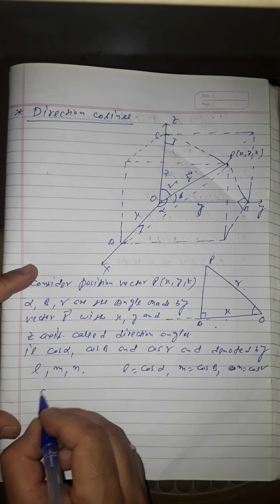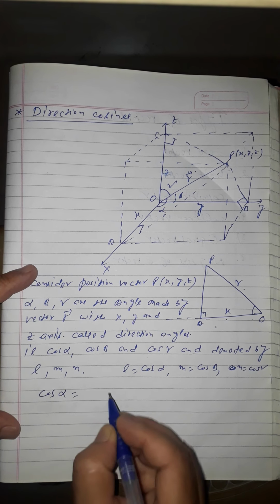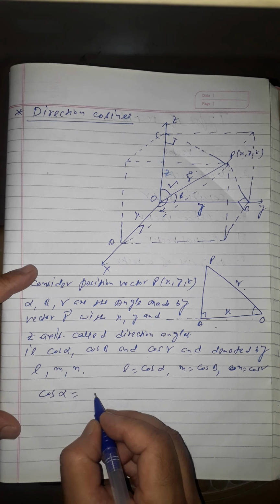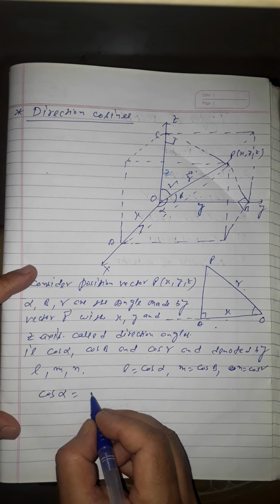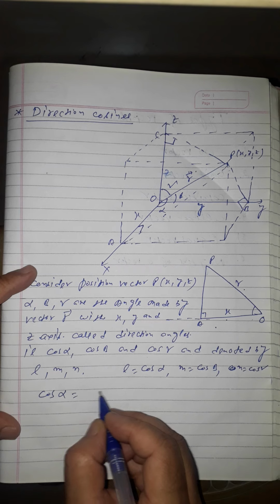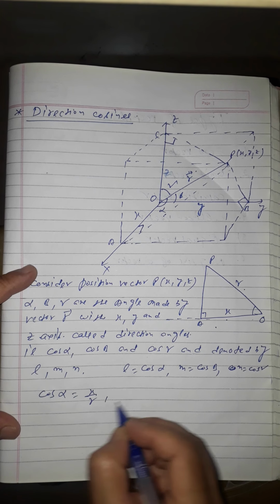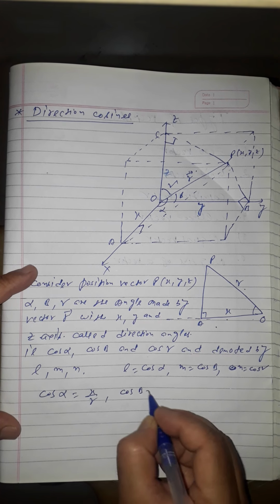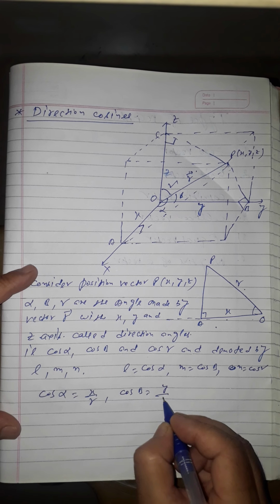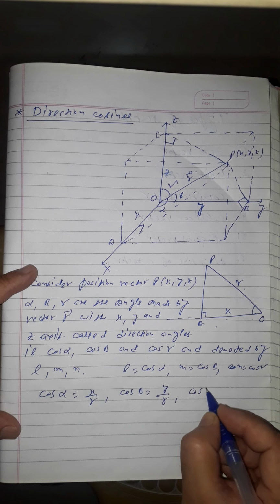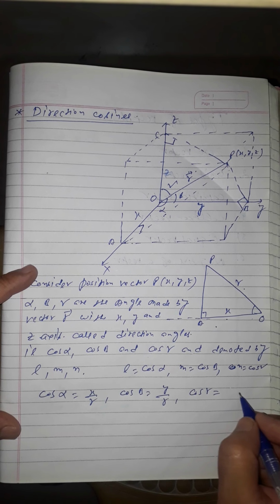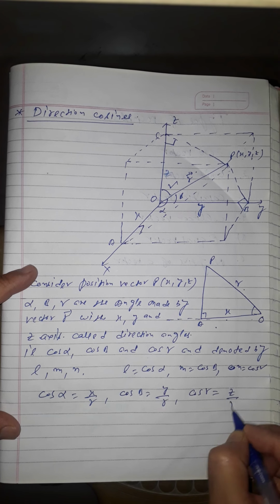So we can say cos alpha is equal to x upon r, cos beta is equal to y upon r, and cos gamma is equal to z upon r.